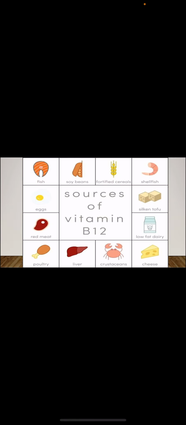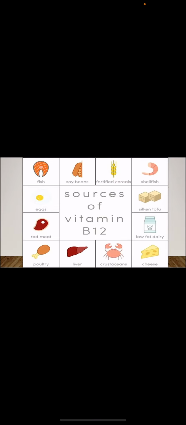Okay, so what are the sources of vitamin B12? Vitamin B12 is mainly synthesized by the microorganisms in your gut. So the main hub of this synthesis is your gut.